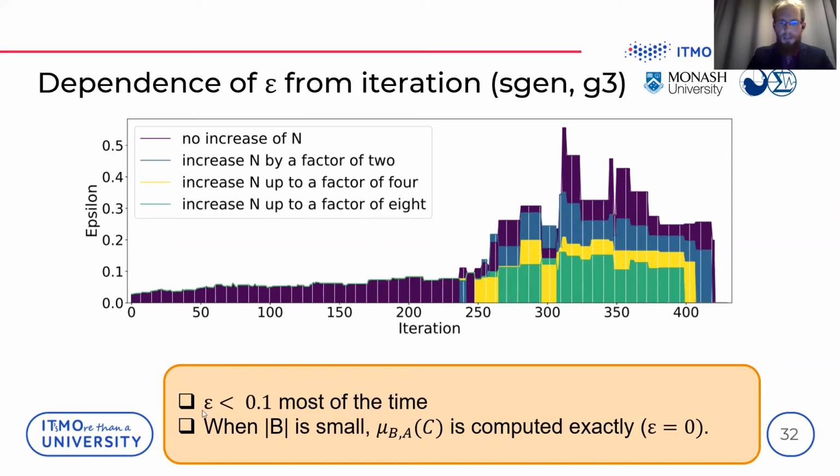So we see that they allow keeping epsilon smaller than 0.1 most of the time during the search. And most importantly, when the set becomes small enough, we switch from Monte Carlo estimation of d-hardness to its exact computation, because we can just solve all weakened subformulas, thus giving us exact accuracy, epsilon equals 0.